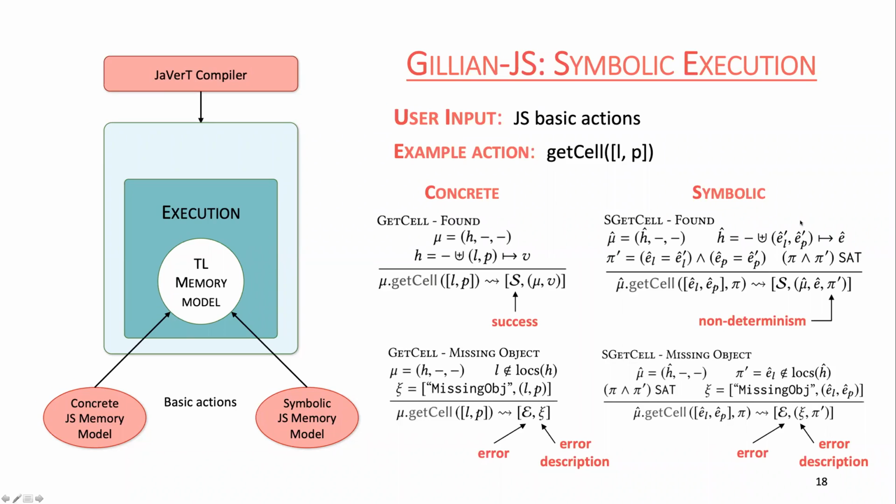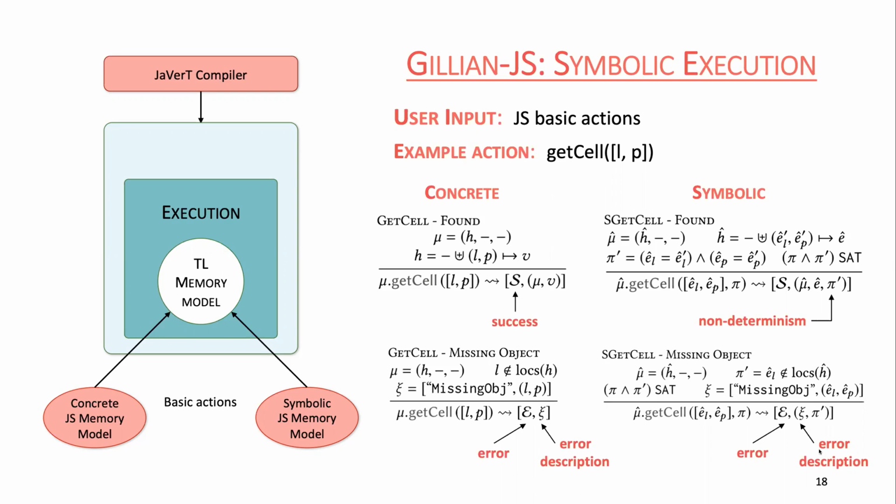We've got to match the symbolicness of this location and property to the symbolicness of the argument that we're getting. To do that, we have this extra path condition that requires that they're equal. So what's going on with the symbolic memory is that not only do we have the symbolic heap structure, but also we have a path condition saying how the bits of information are related to each other.